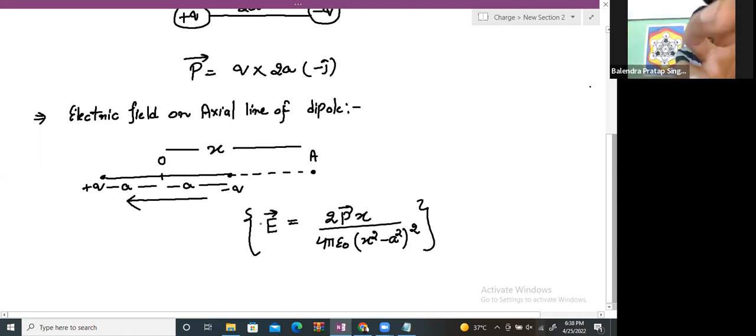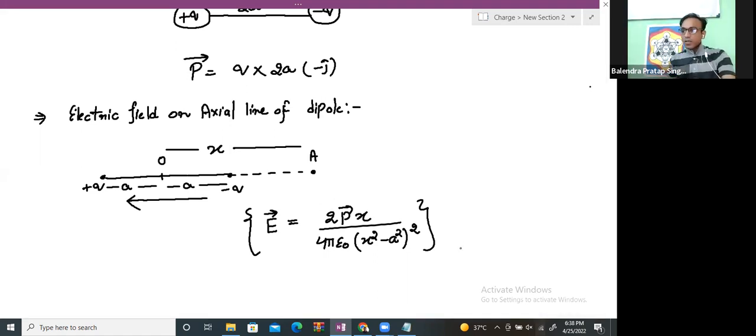Next, if we consider a very tiny dipole, meaning a very small dipole, we can neglect this a. If x is much greater than a, then x square is already much greater than a square, so we can neglect the a square term.